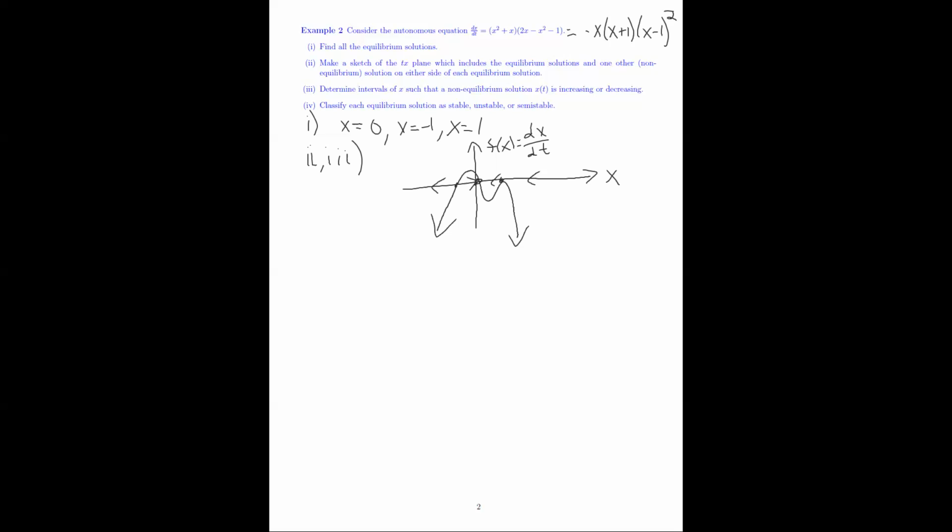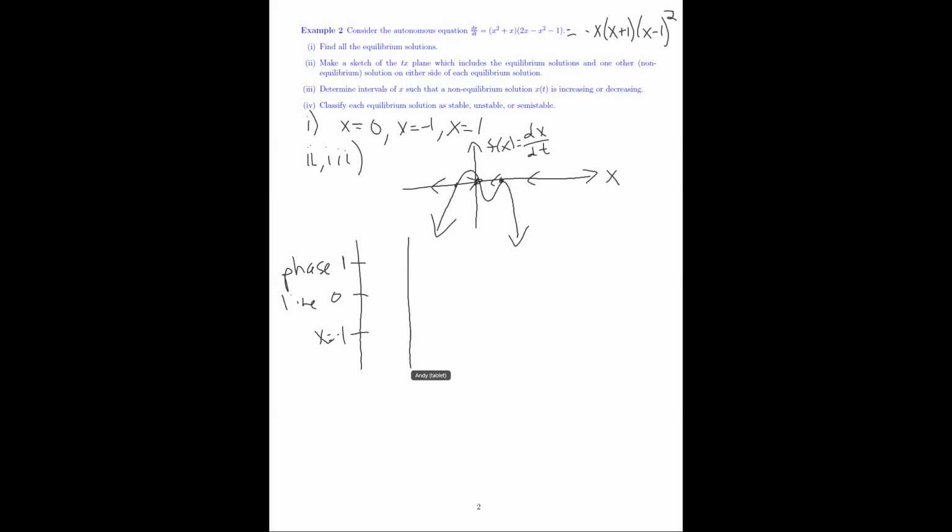And so we're going to rotate this line vertically for our phase line. We'll write in x equals negative 1, x equals 0, and x equals positive 1 here.